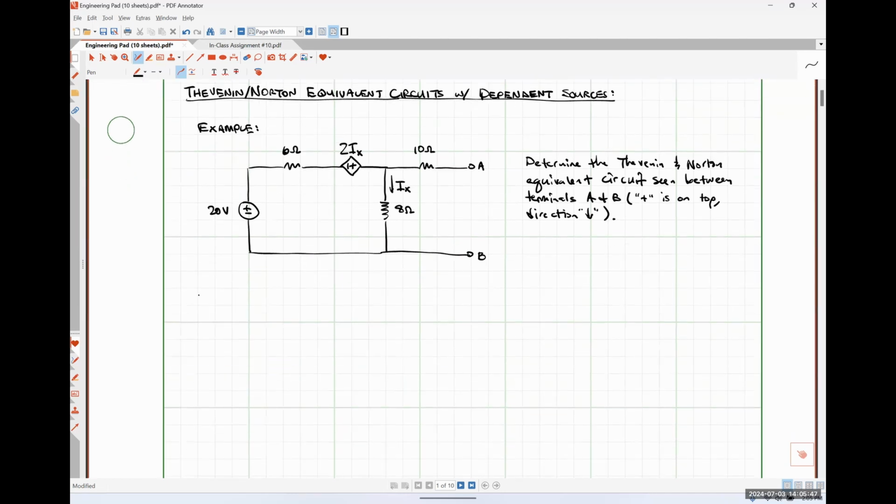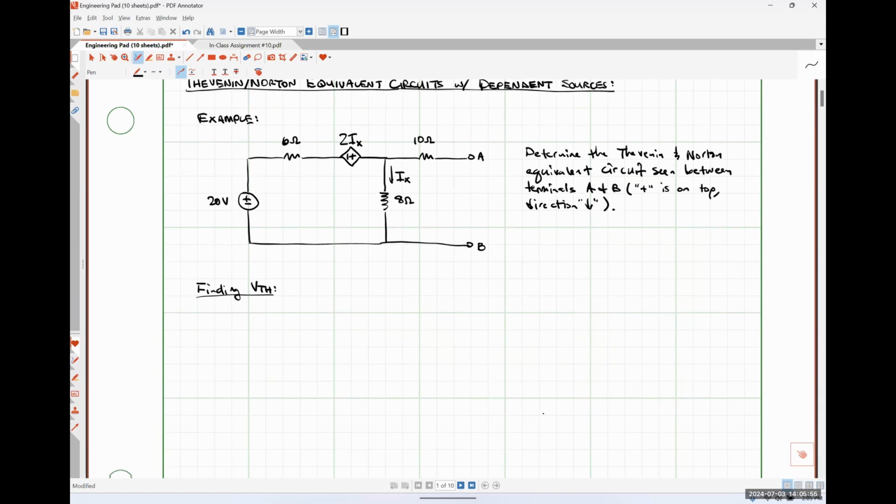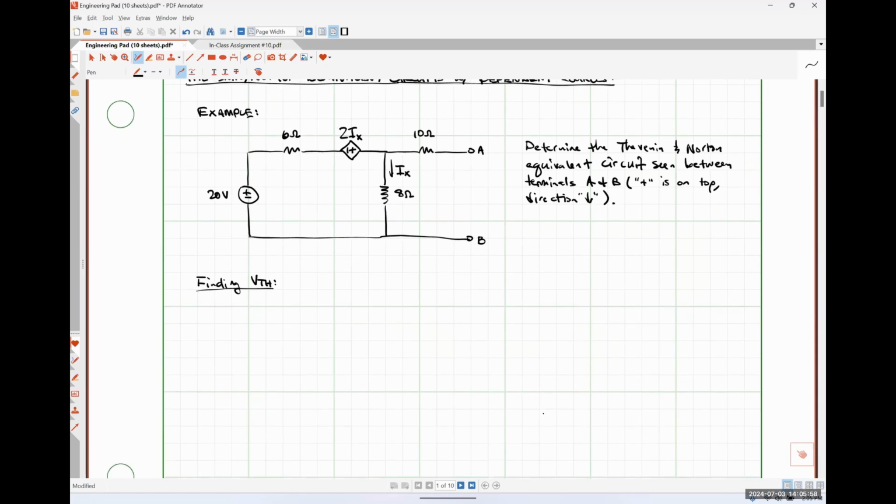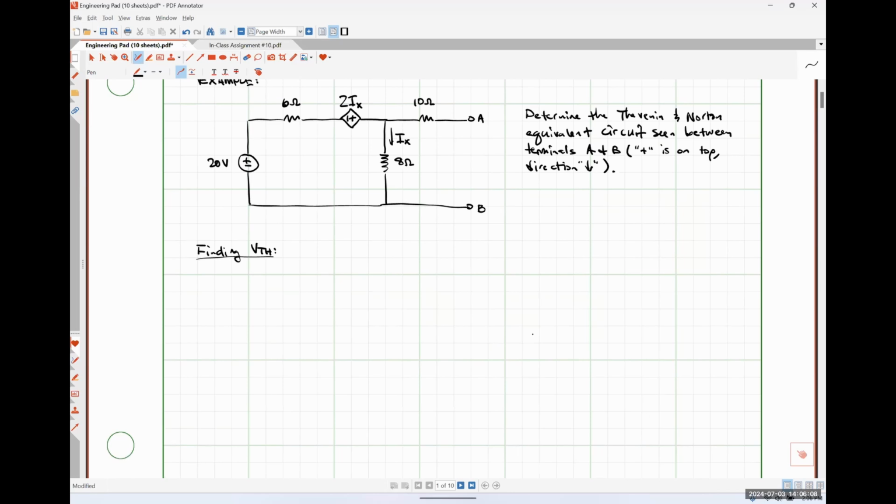So if we wanted to find the Thevenin voltage for this network, we would simply place a positive polarity terminal at node A and a negative polarity terminal at node B, and then figure out what that voltage is. So I'm going to redraw our circuit really quickly.